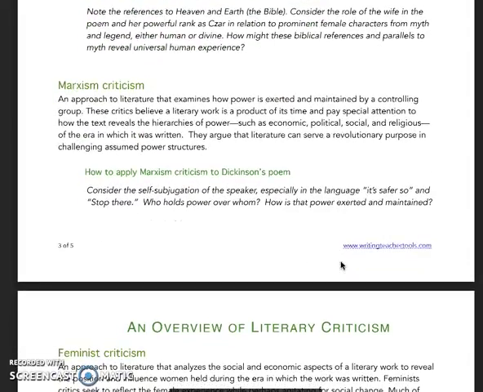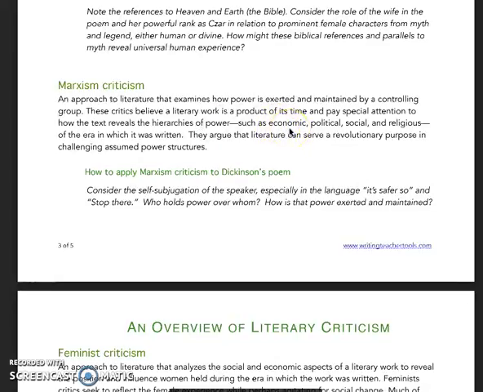Marxism is taking a look at the text by thinking about, much like historical criticism, lots of power relations, but we're looking at the hierarchies of power. So with Marxism, we're always looking for what we call the capitalist class, or those people who have power, and then the proletariat class, those people that are somehow subjugated to the people who have power.